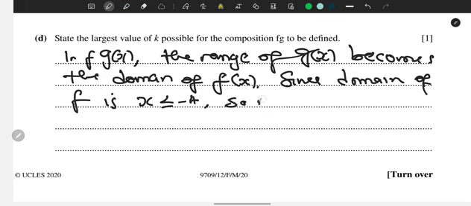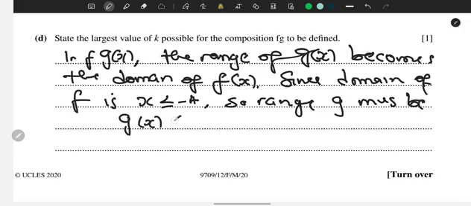So the range of g must be g of x less than or equals to minus 4. That's just the meaning. Since the domain of f is less than or equals to minus 4, the range must be g of x less than or equals to minus 4. I'm sure you understand that.